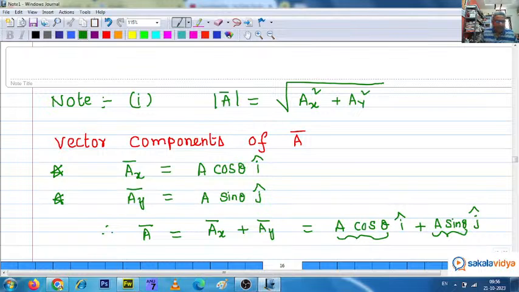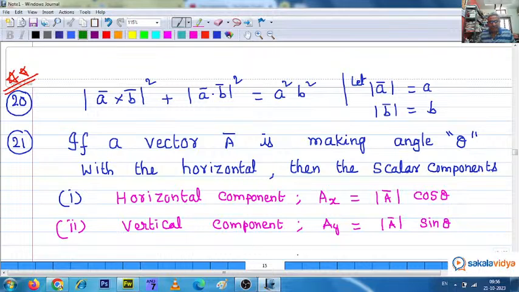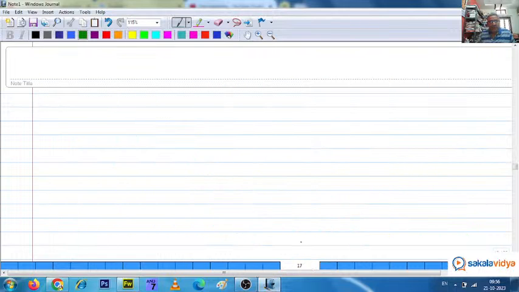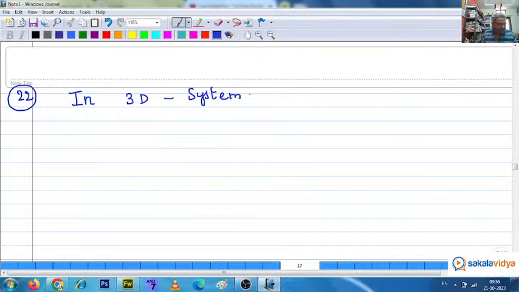Right. This is a two-dimensional system. For example, if it is a three-dimensional system, how to write it? That's very important. In a 3D system, we have x-axis, y-axis and z-axis.